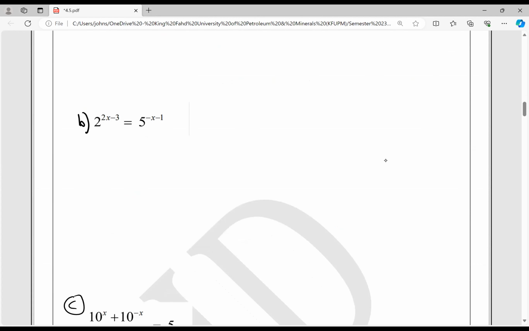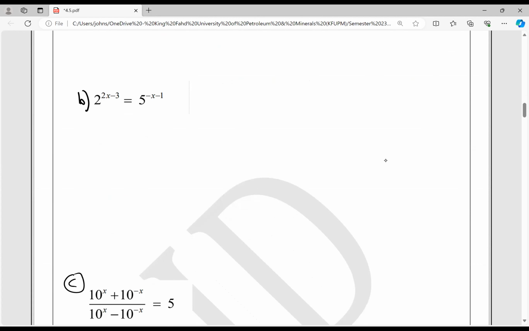All right. So the second one is also similar. We can take log of both sides; when I take log, it means we're taking log to base 10. So this will be this, and here will also be log. But here you have minus x minus 1. And then the same way, we'll have 2x minus 3 going down, and then you have log 2. And here you have minus x minus 1 going down, and then you have log 5.